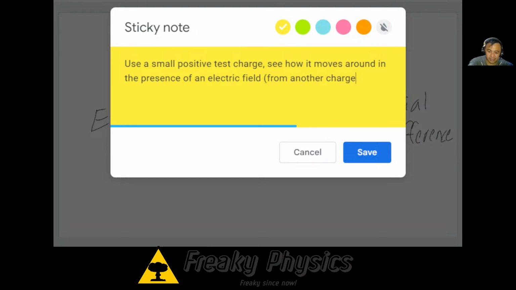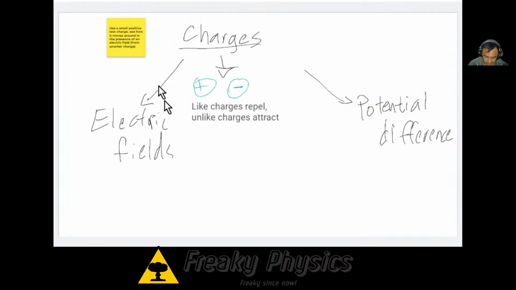This is the key idea. This electric field will always be coming from another charge or set of charges.